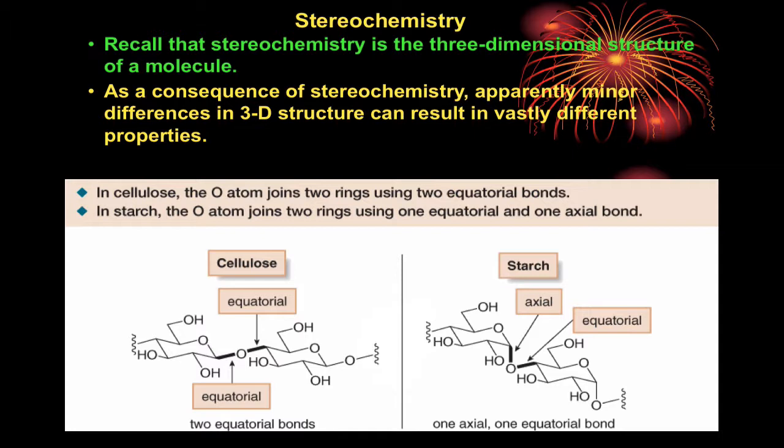Remember last time when we were talking about six-membered rings, we had equatorial and we had axial, right? So this is an equatorial linkage, whereas in starch we have an axial equatorial linkage. The connectivity's the exact same, but how it's oriented in three dimensions in space is very different. And so this gives rise to different physical properties.